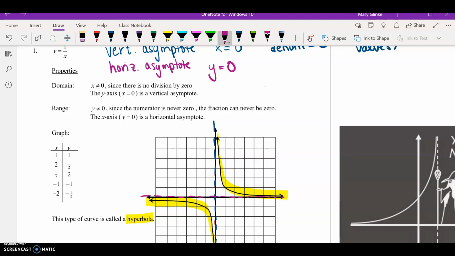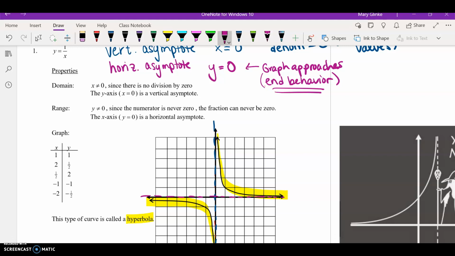Horizontal asymptotes are going to be a line that the graph approaches with the end behavior. So on the left of the graph and on the right of the graph, your graph is going to get closer and closer and closer to that line. You sometimes cross horizontal asymptotes depending on the rest of the function. It's mainly for your end behavior of the graph. It's where your graph is approaching.